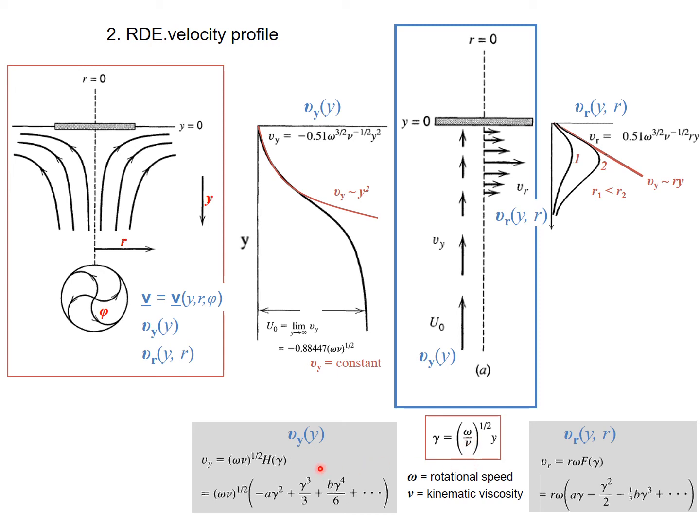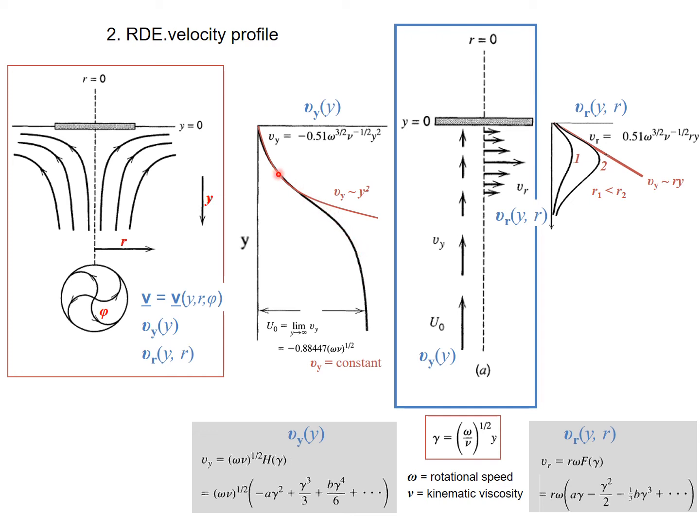So let me draw the y-directional velocity profile here. Here is the rotating electrode at y equal to 0, and here y is going to infinity. At a location far from the surface, the velocity is maximized, and when the flow approaches the surface of the electrode, the velocity decreases like that.